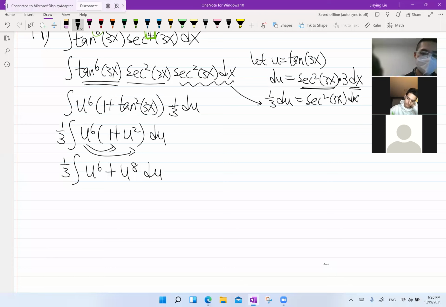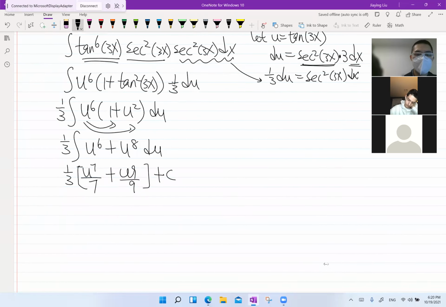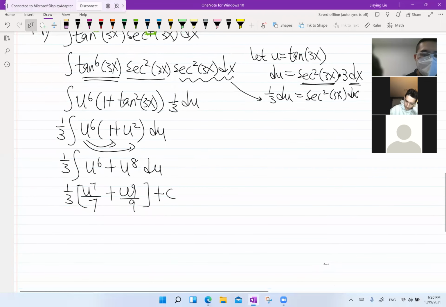From here, I'm going to do it a little bit quickly because we're basically just finding the antiderivative. So you get 1/3 times u to the 7th over 7 plus u to the 9th over 9, plus C. But I don't want to have the u there, right? I'm going to write u as tangent.